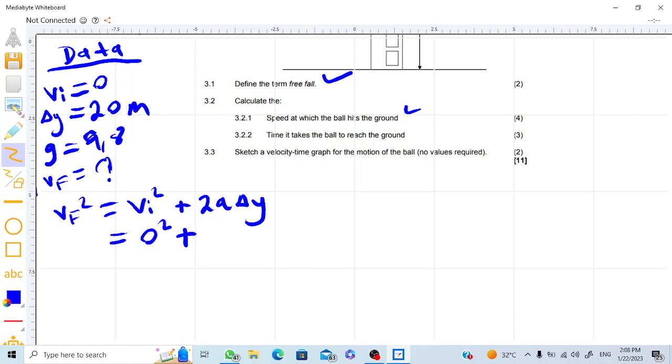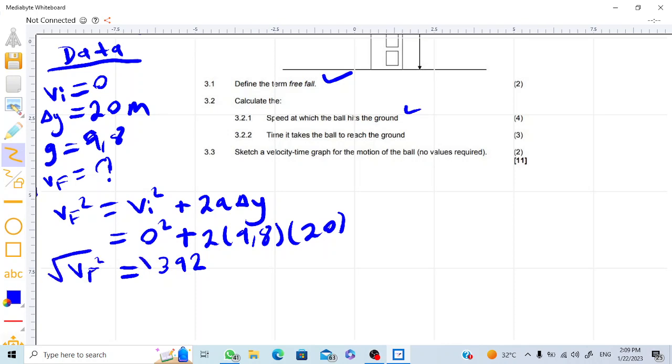Don't write 0, we know 0 squared is 0. Don't write 0, write it as 0 squared plus 2 into 9.8 into height, which is 20. Okay, now we are going to have the value of 392, but that value is for Vf squared, not Vf.